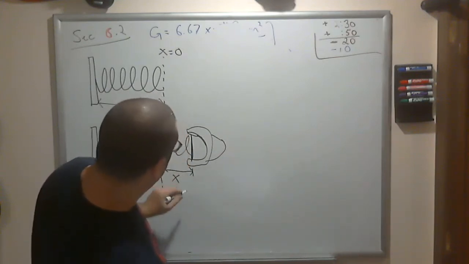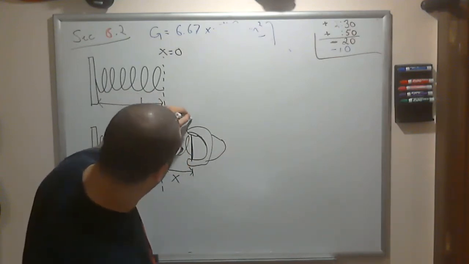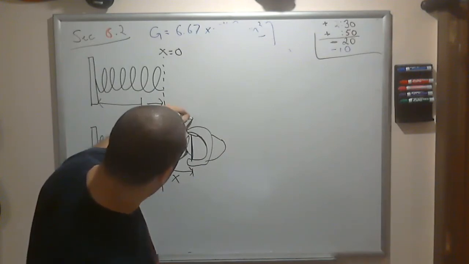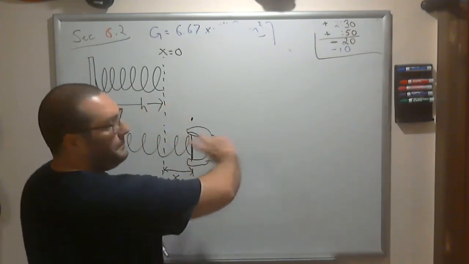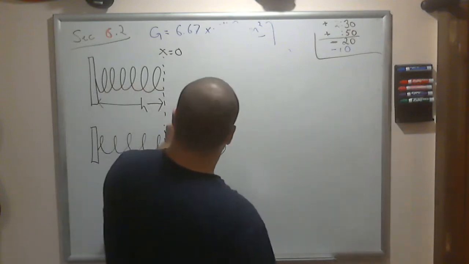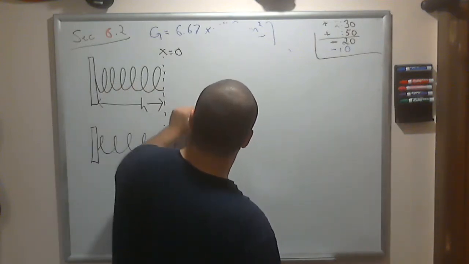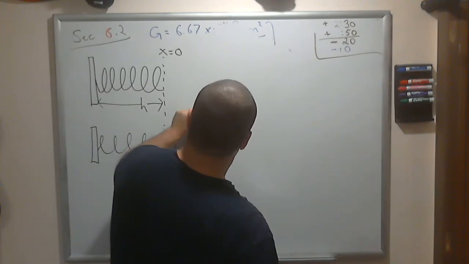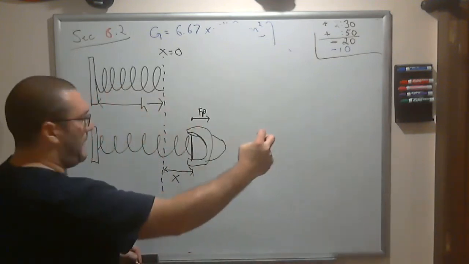So, okay, so let's draw a force diagram. I'll draw it up here for this, right? I'm pulling it back, right? So my force, FP, is providing a force backwards.